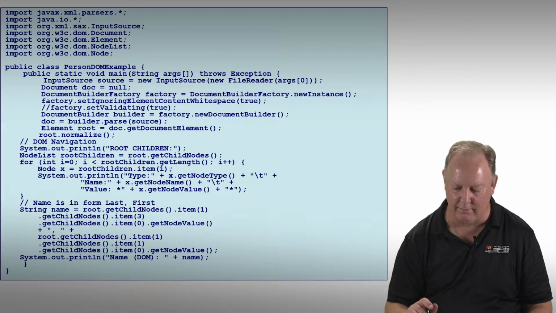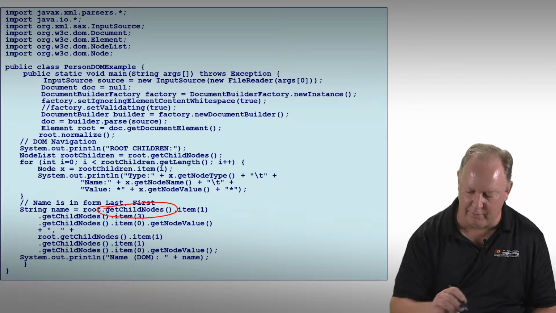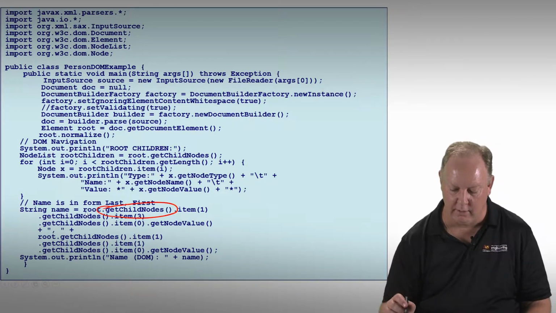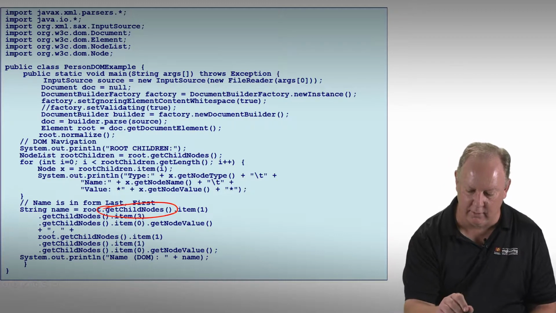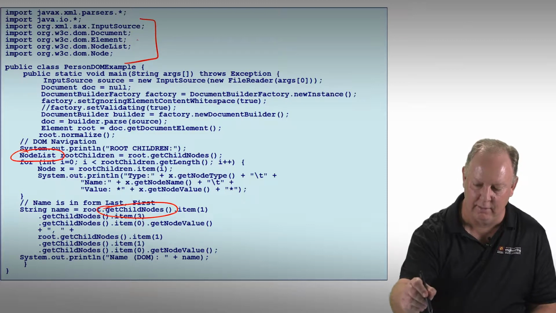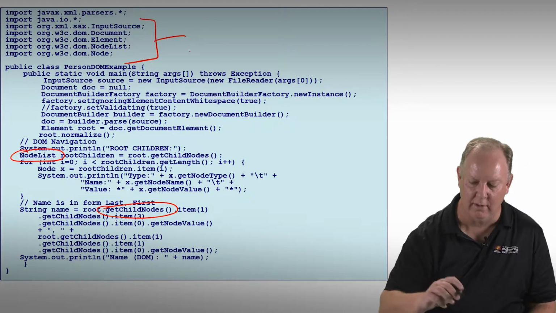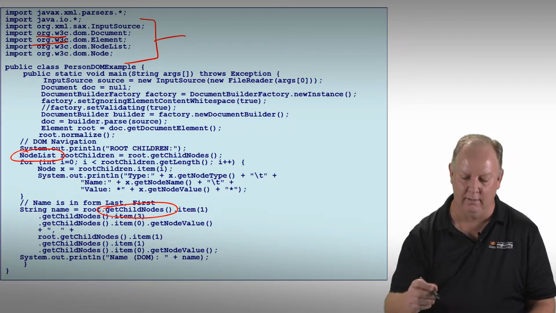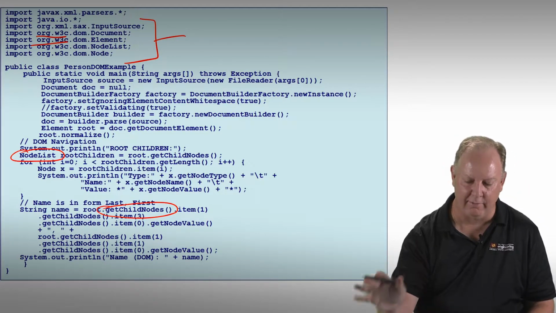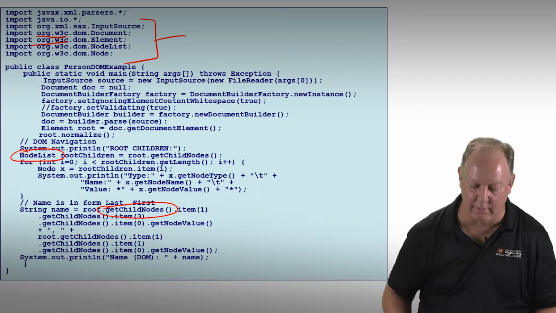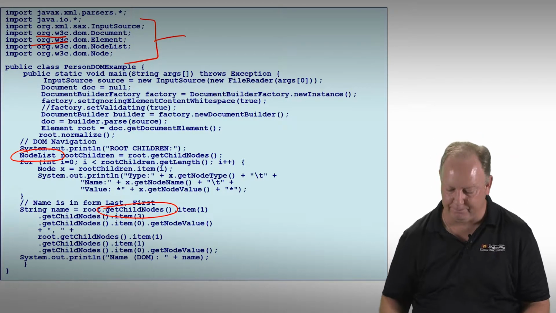There's our Java-based implementation of get child nodes, right? You could get the length of a node. Here's the node list type. So there were very specific ones. And even though you'd find all this stuff in Java, notice how the package name is org.w3c.dom. That is the Java binding of the W3C standard for the document object model API, all right?